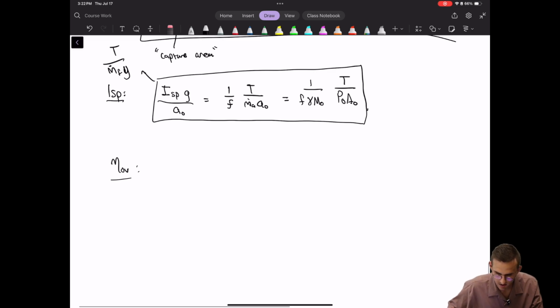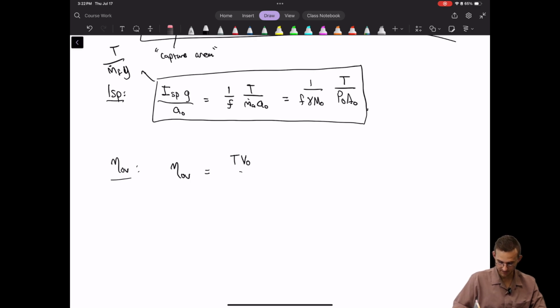Actually, I'll leave that to you guys to think about. I think it'll be relevant for homework later. This relationship between m dot A naught and P naught A naught times gamma M naught, I can't remember, but I think seeing that relationship was nice for one of the homework problems.